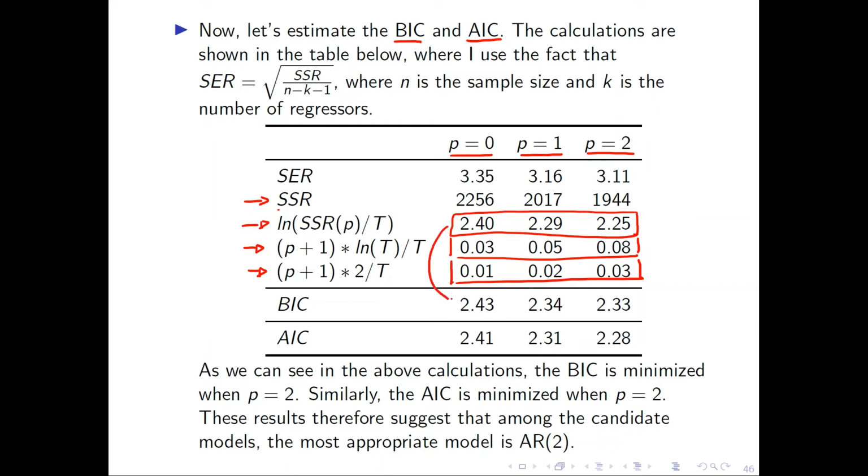So this one and this one are added to form the Bayesian information criteria, and you would choose the one which is lowest among them, and you see that the Bayesian information criteria is lower for the second lag model.